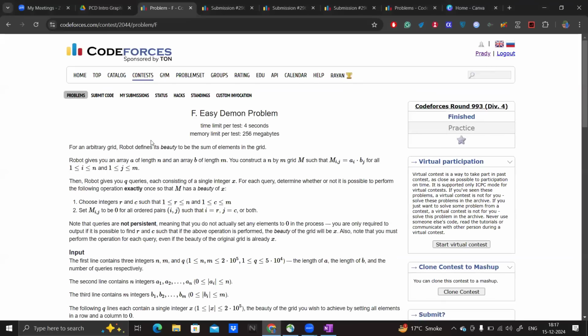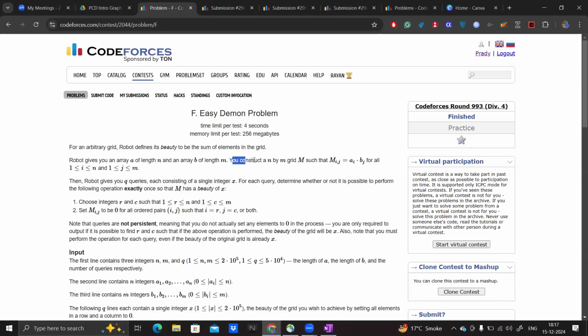Easy D1 problem. Okay, just 1 second, guys. Okay, so it says for an arbitrary grid, the robot defines its beauty to be the sum of elements in the grid. Then the robot gives you an array a of length n and an array b of length m.